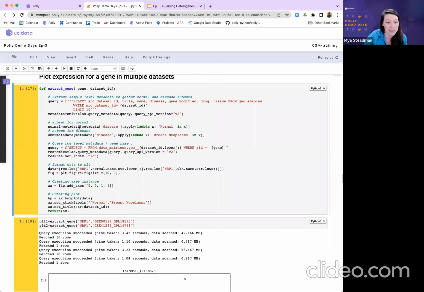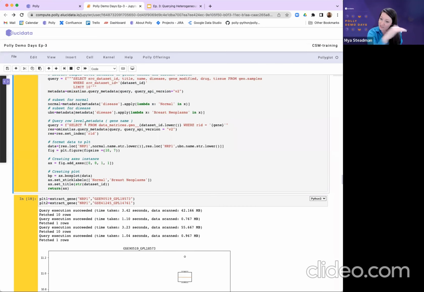I'm going to subset my samples into two different categories. If it's normal, look in the disease term, find normal, put that in one group. And if it's diseased, it's going to be breast neoplasm, put that in my disease group. So I'm taking my samples and splitting them into two different bins. And now I'm going to look at that feature level, that row level, and I'm going to pull out a specific gene. And then I'm going to plot it, right?